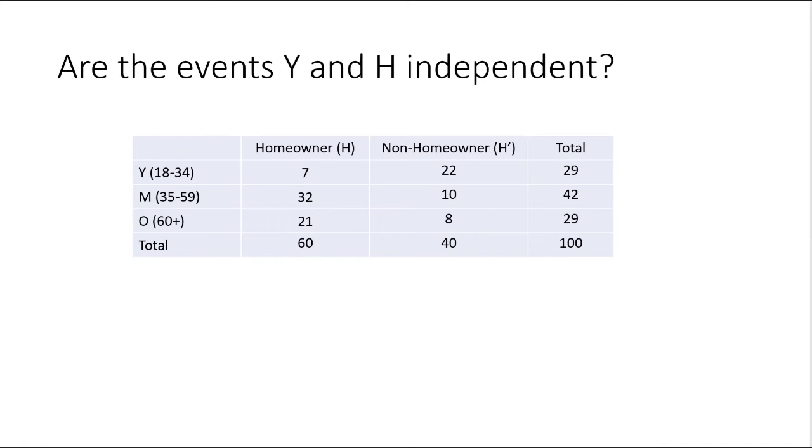In this example, we're trying to find out if the events y and h are independent. So we have this table here, and people are being categorized in two categories. This is a very common way to test for independence. And for those of you who are business majors, you will likely take a class in the near future called data analysis, where you'll learn some statistics.